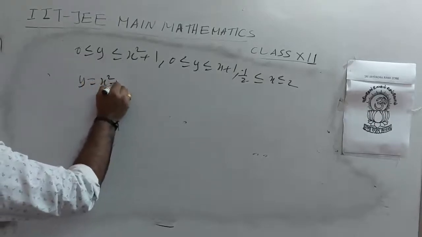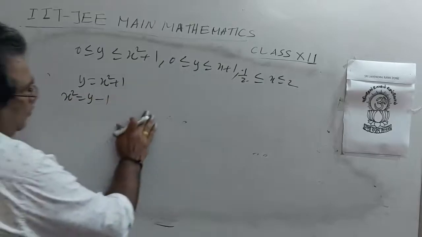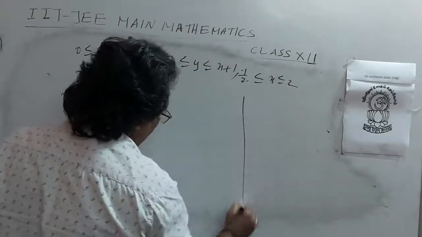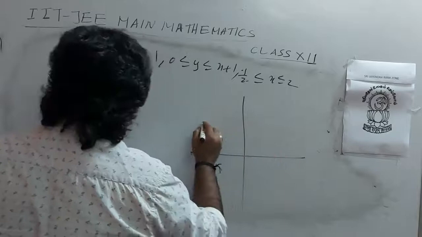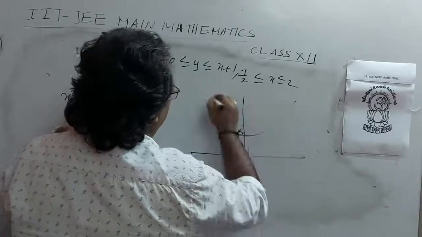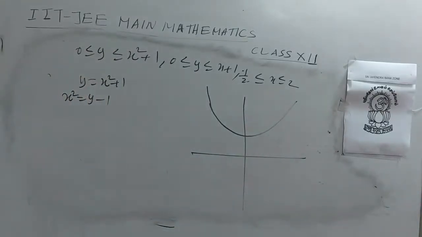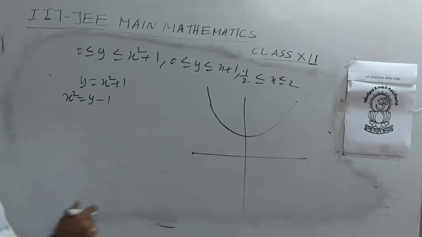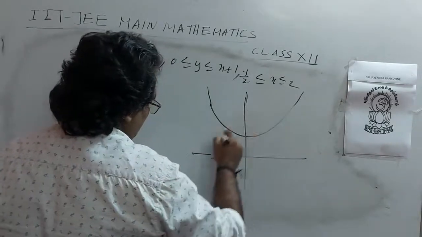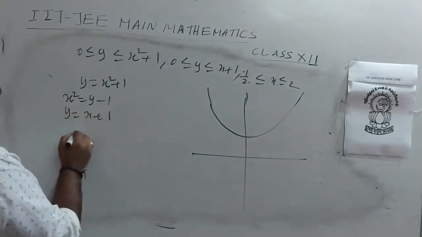Y equal to x square plus 1, or x squared equal to y minus 1. Vertex 0, 1, opens upward. Y equal to x plus 1.